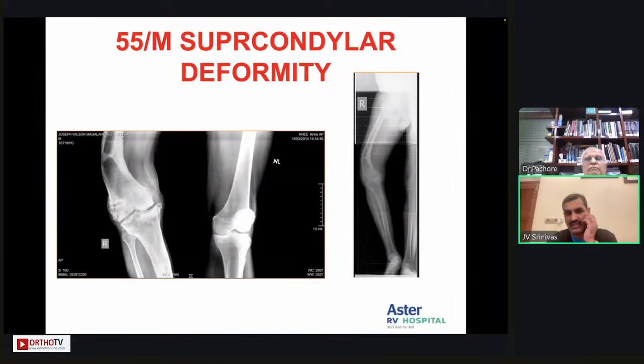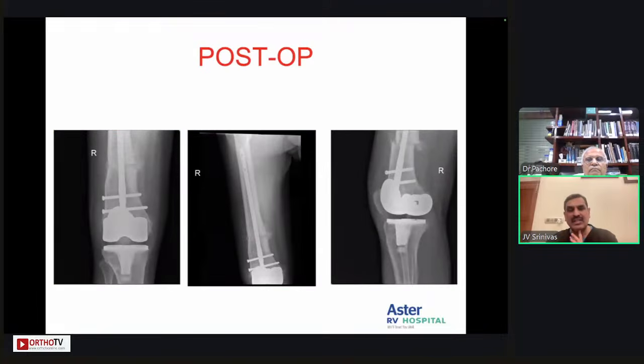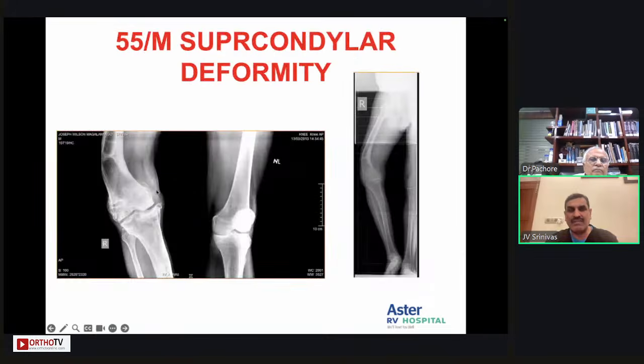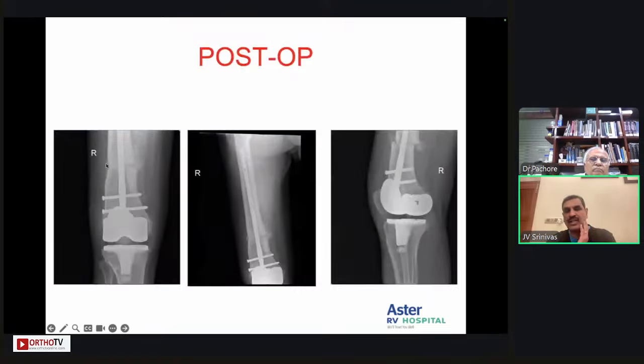You need to address the stiffness, you need to get your length, you need to correct your extra-articular deformity as well. In this case, we did a simple medial parapatellar approach, an extensile medial parapatellar approach. We didn't do any VY-plasty. We removed all the adhesions around the fracture site where the fracture had healed, malunited, released all the adhesions, and we did a retrograde nailing, did the corrective osteotomy, and went ahead and did the total knee replacement.